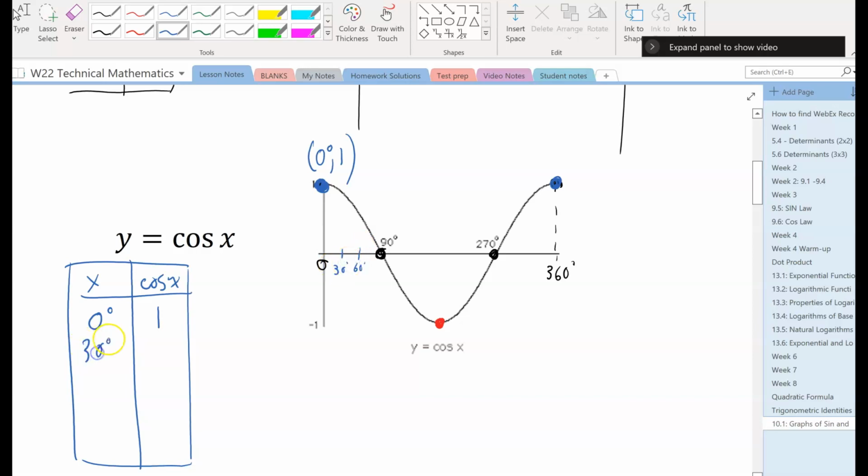So 30 degrees, and the cosine of 30 is 0.8660. That's up here. And 60 degrees, and the cosine of 60 is 0.5.